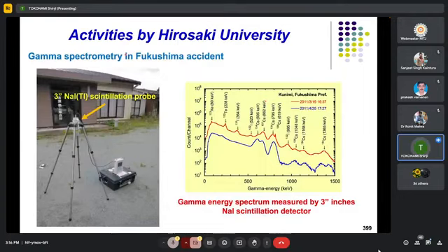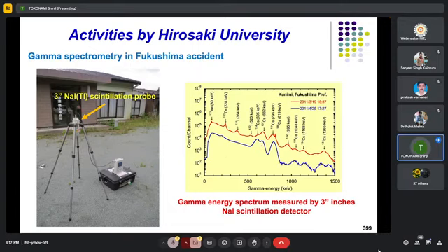So we measured gamma spectrometry in the Fukushima accident. As you can see, this is a very unique gamma energy spectrum. We found a lot of gamma peaks: Tellurium-132, Iodine-131, Cesium-137, 134, like this.